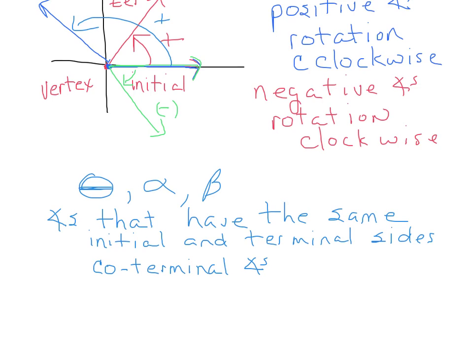If they have the same initial and the same terminal side, they're coterminal angles, and they differ by multiples of 360 degrees, if we're thinking about degrees.